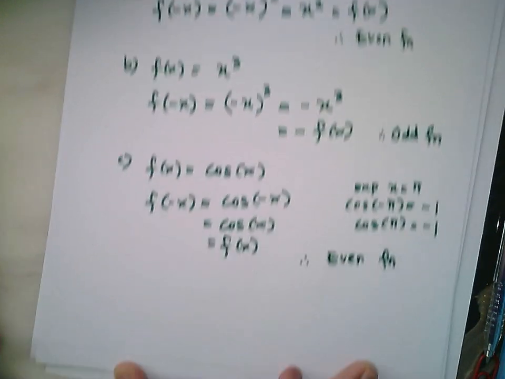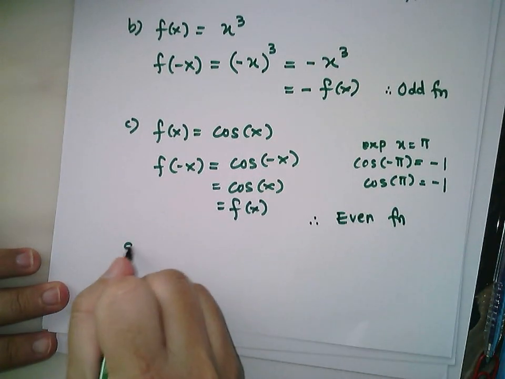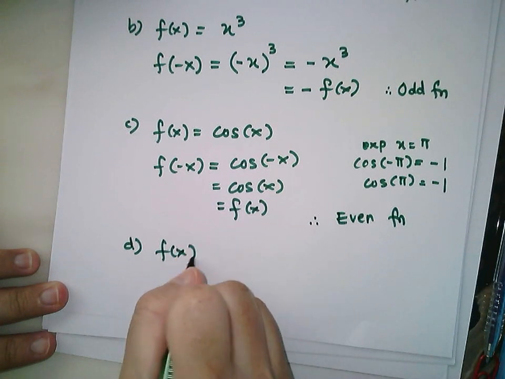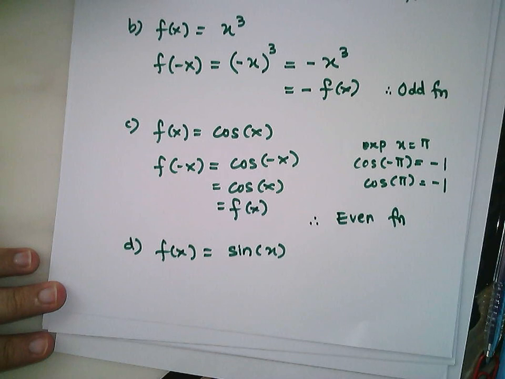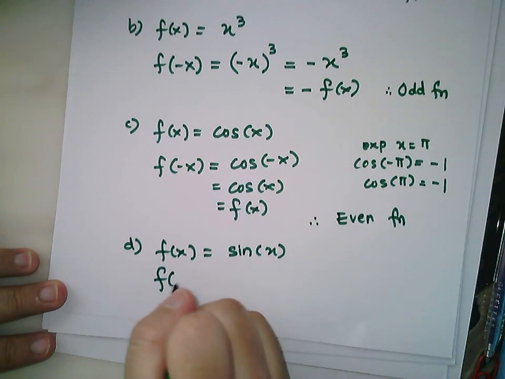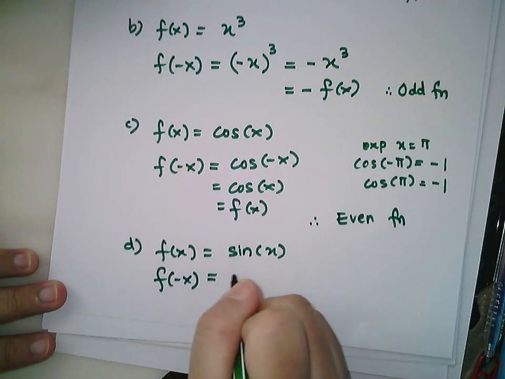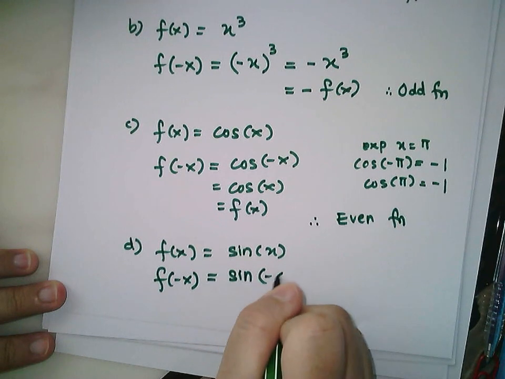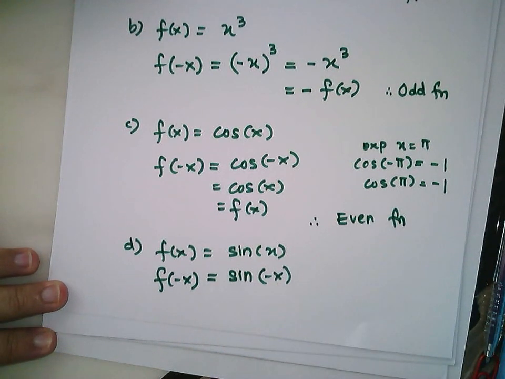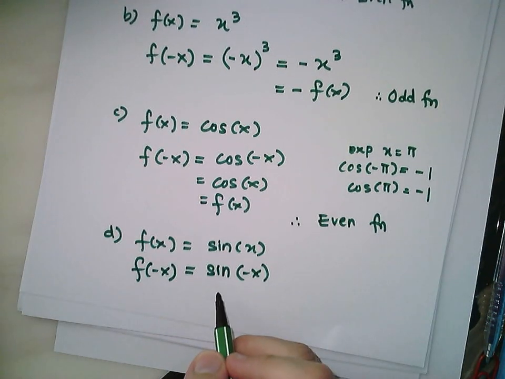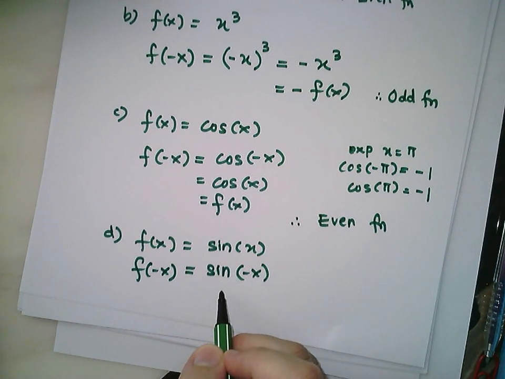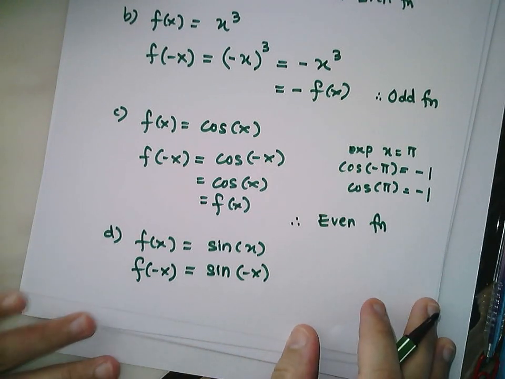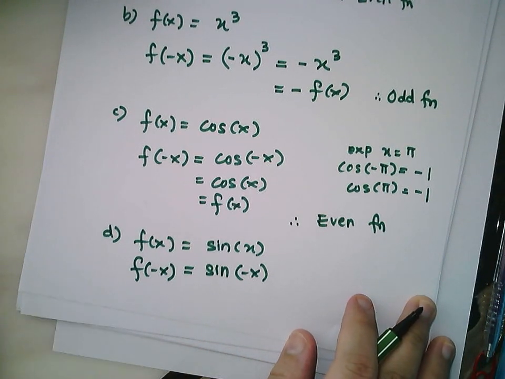Okay, so the next one, let's say your f(x) is equals to sine x. Okay, so f of negative x is equals to sine negative x. Okay, so for this one, can you just simply change sine of negative x is equals to sine x? That is wrong. Okay, why? So just take the same example.